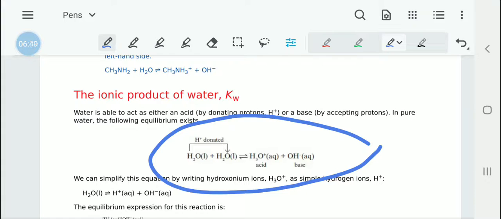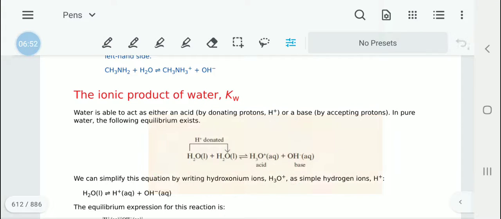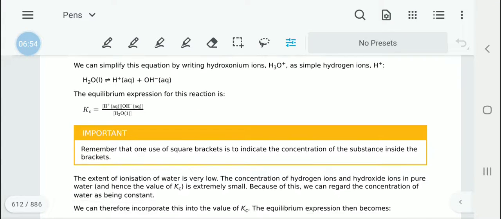Then the OH minus ion becomes the base. And H plus is donated by one water molecule to the other. This is simplified as the general equation H2O liquid, equilibrium sign, H plus aqueous plus OH minus aqueous.